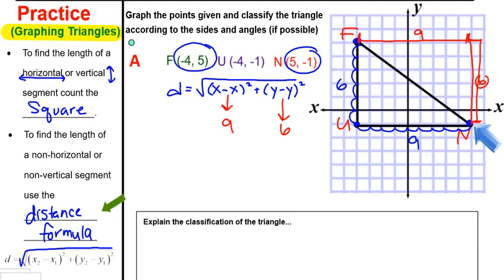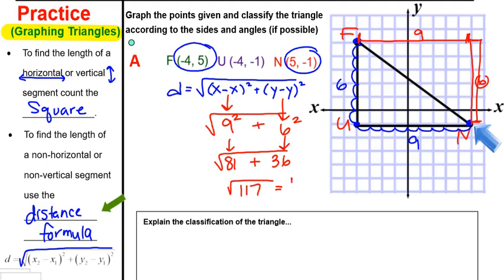So since it's all graphed, we can use the numbers that we already came up with. We square those guys and we add those guys, and we will take the square root of that. 9 squared is 81. 6 squared is 36. We will add those together, and that turns out to be 117. And when I plug that into my calculator, I get 10.81.